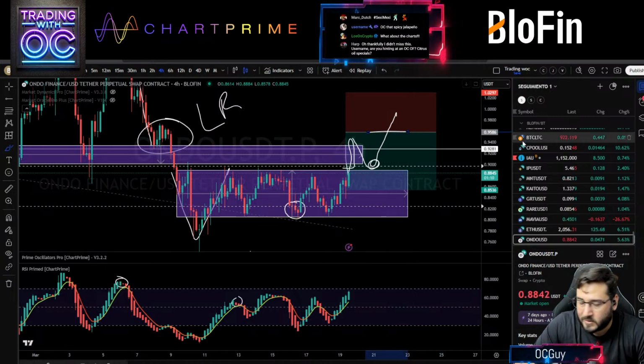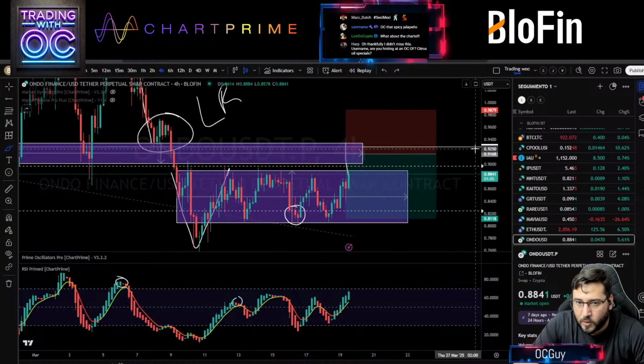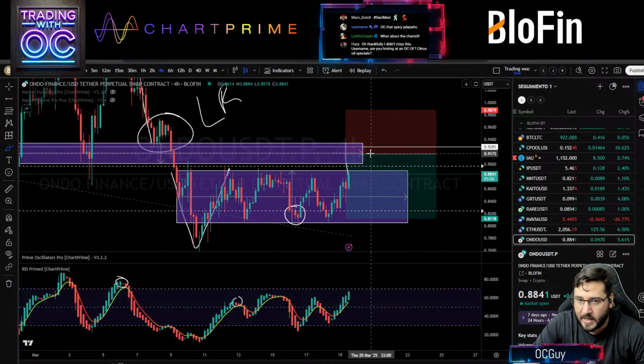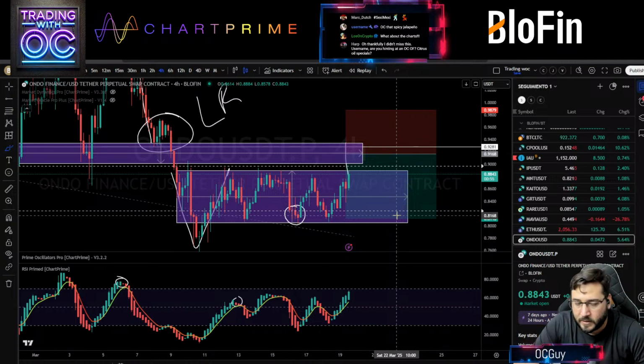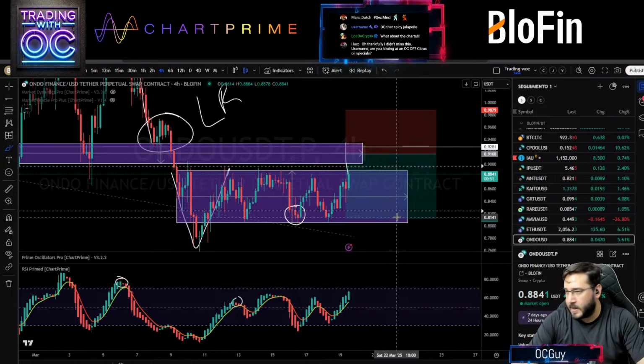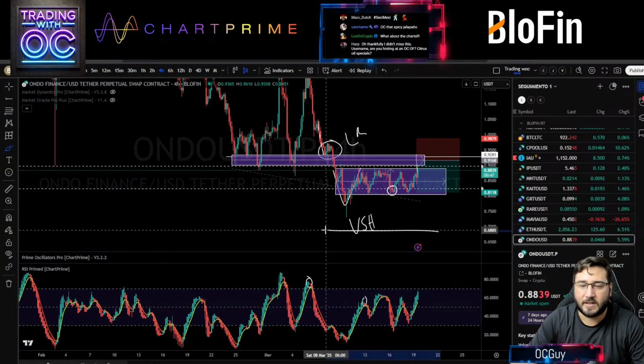All right? Just a little bit of a heads up in there. So shorting zones somewhere around, let's add it, between 0.91 and 0.89, right? And longing zones, that will be less of a wiggle room at 0.81 for Ondo. All right, so breakout retest, remember, trade the retest.